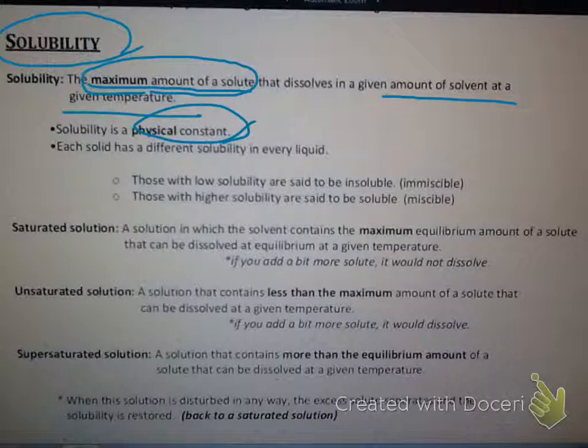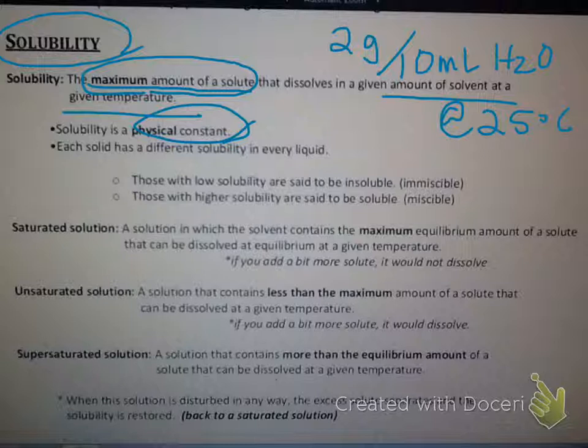So let's say that I have a substance and it dissolves 2 grams of the substance in every 10 milliliters of water, maybe at 25 degrees Celsius. That would be an example of the type of data you're going to find in a solubility chart or table.